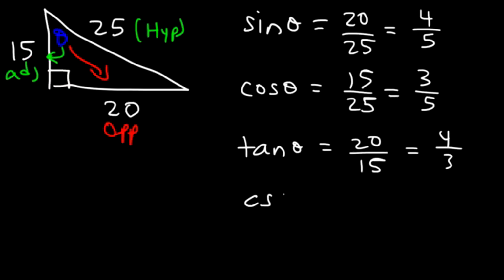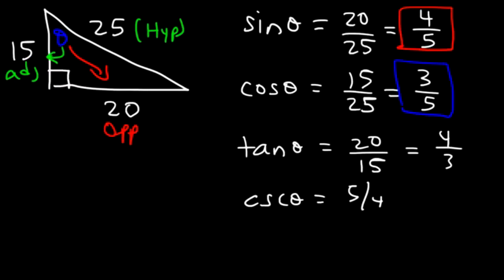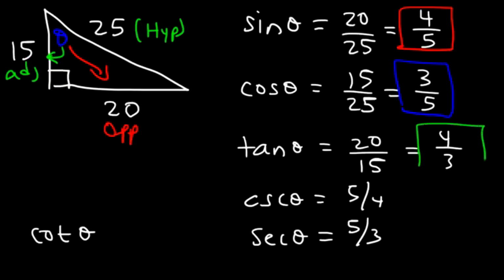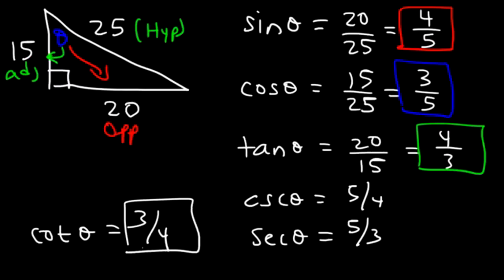Now, cosecant is the reciprocal of sine, so it's going to be 5 over 4. And if cosine is 3 over 5, then secant, the reciprocal of cosine, has to be 5 divided by 3. Now, if tangent is 4 over 3, cotangent has to be 3 divided by 4. And so that's it for this problem.